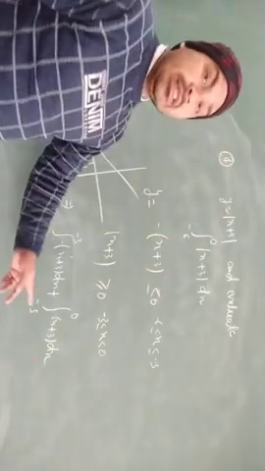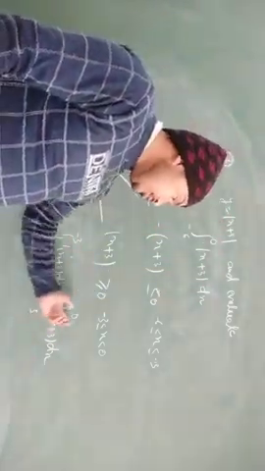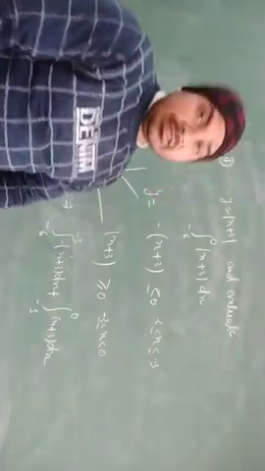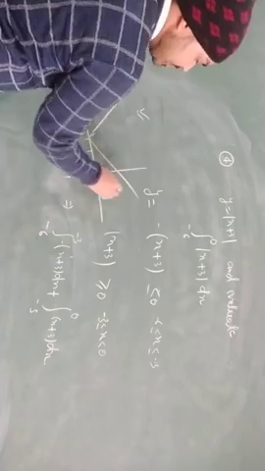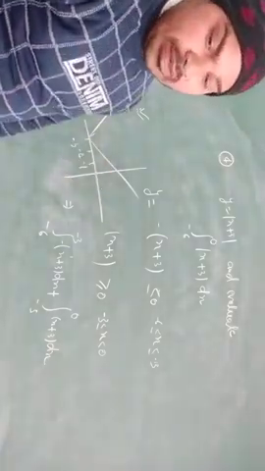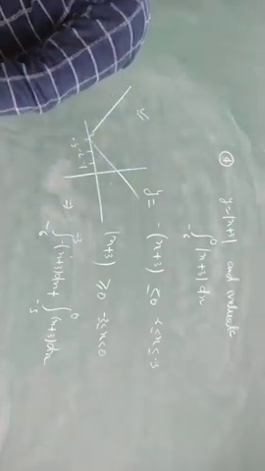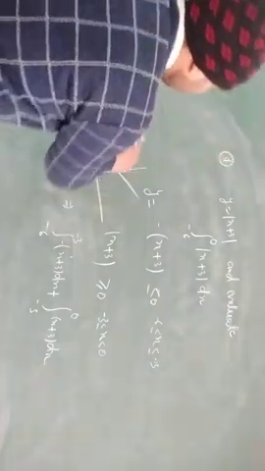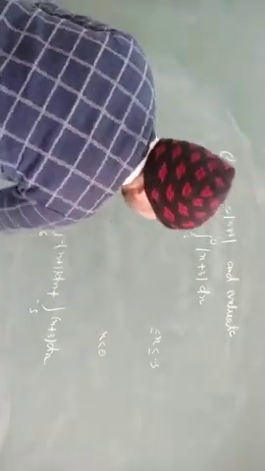After solving within the limits of this interval, we get our final result. And the sketch of the given function is like this. Moving forward to the next question, that is question number 5.